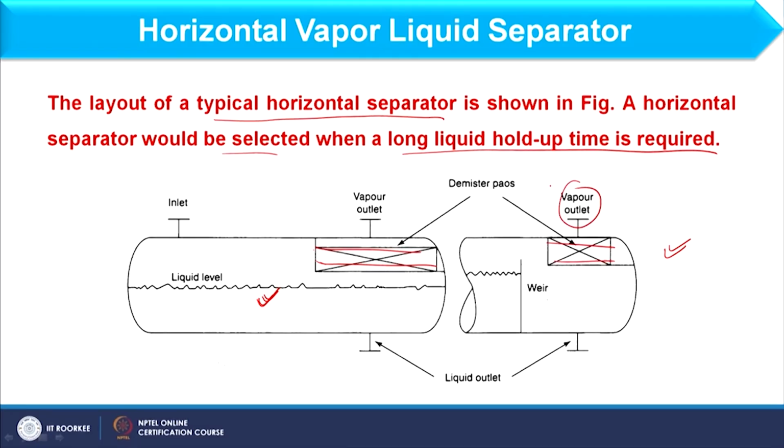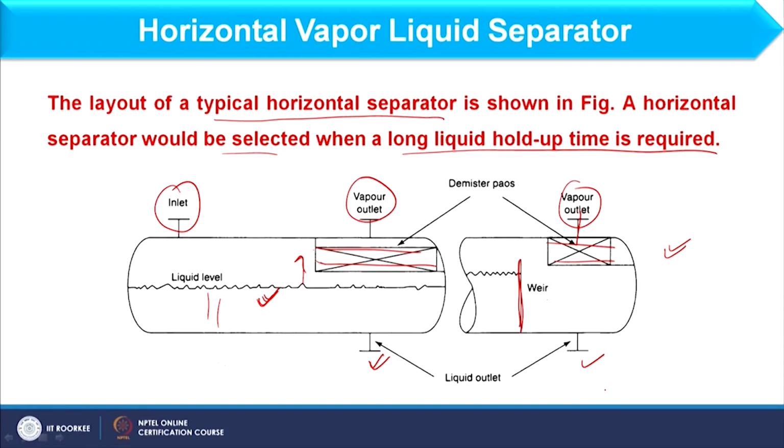Vapor exits from the top, but from two different nozzles because of its size, and liquid is also exiting from two different nozzles. However, the inlet is only one. So, liquid settles down, vapor moves up, and then vapor exits through these demister pads. And here we have the weir to check the liquid level.